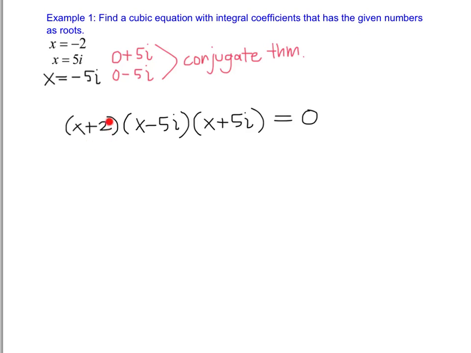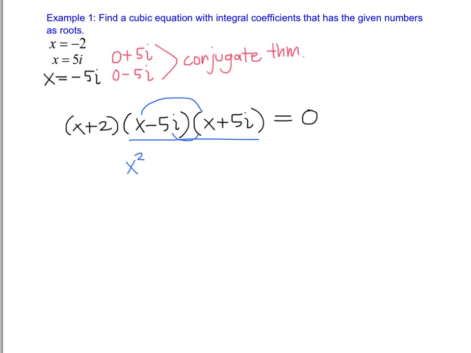So think about it. If I set this equal to 0, I would get the first root. If I set this equal to 0, I'd get the second root. And this equal to 0, I would get the third root. So now, to get this cubic equation, we need to do all of the distribution. I might start by multiplying these conjugates together because it's going to be some pretty easy distribution here since we have opposite terms. x times x will be x squared.